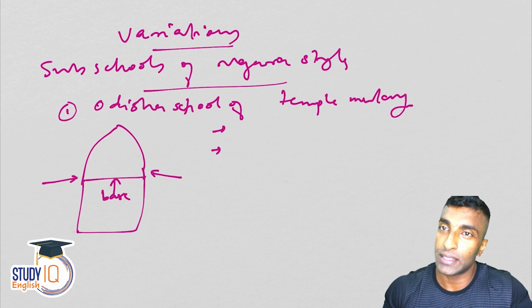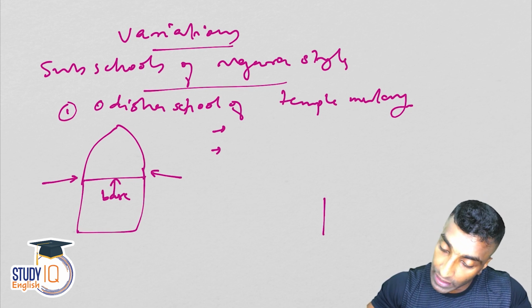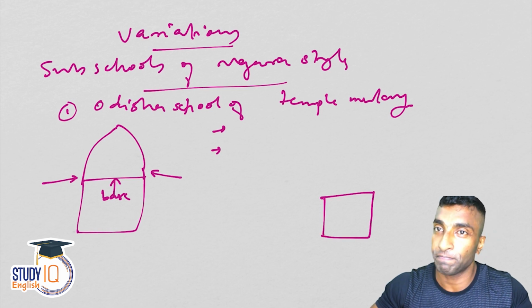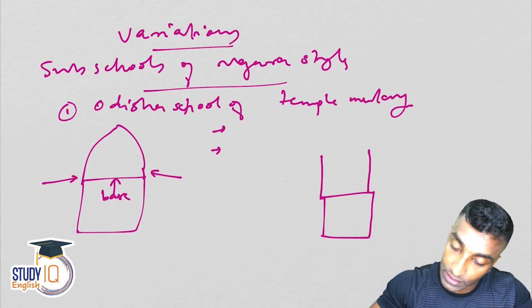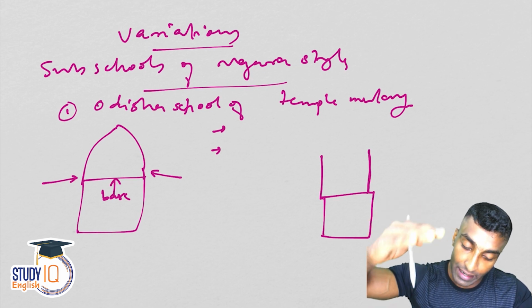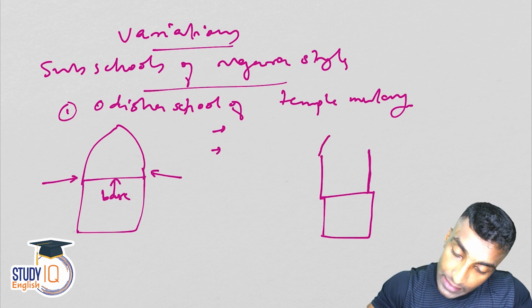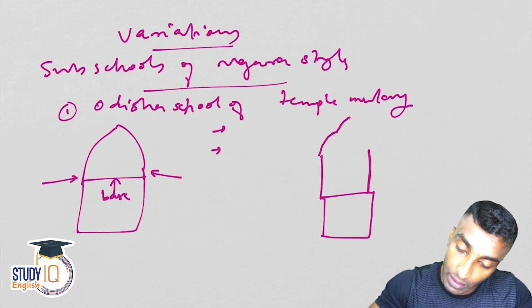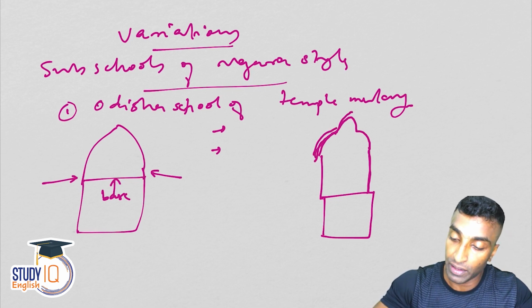But when it comes to the Odisha style, I told you there are some changes in shikhara. It will be something like this. You have this flat top, and then it will further go like this, a vertical straight line, and at some point of time it will become something like this. Then you will find the curve after some point of time.